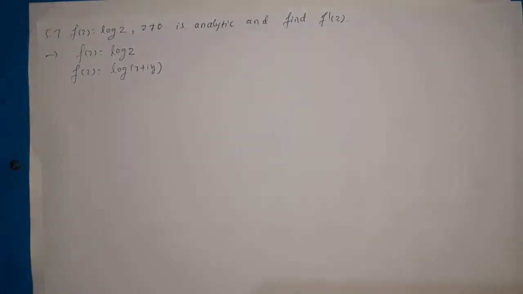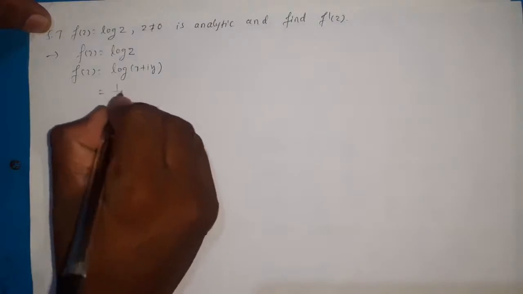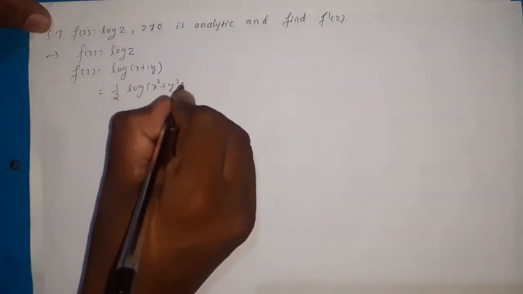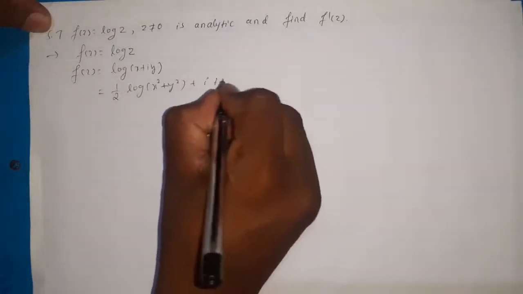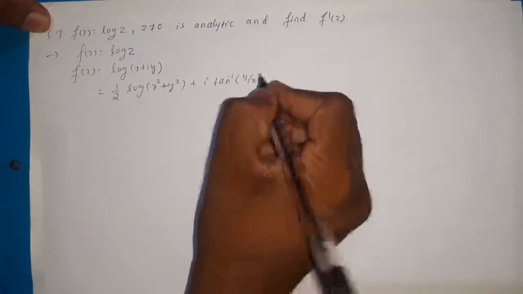So in B.Sc first semester we have logarithm of a complex number. By using that concept, we write this log(x + iy) as 1/2 log(x² + y²) + i tan⁻¹(y/x).